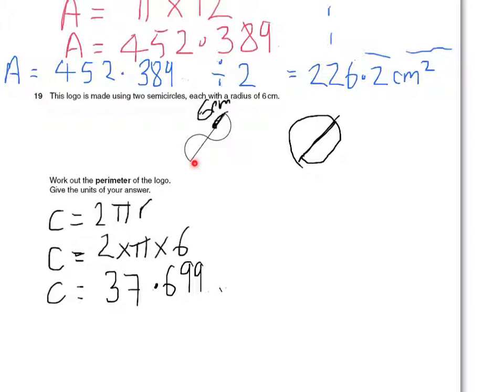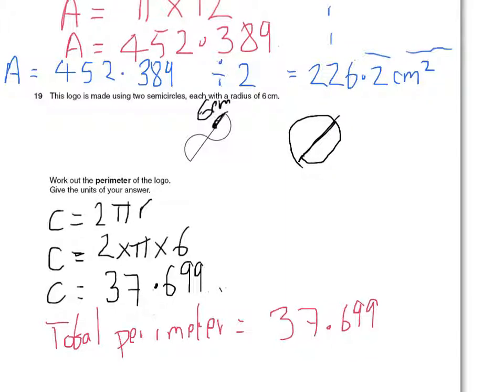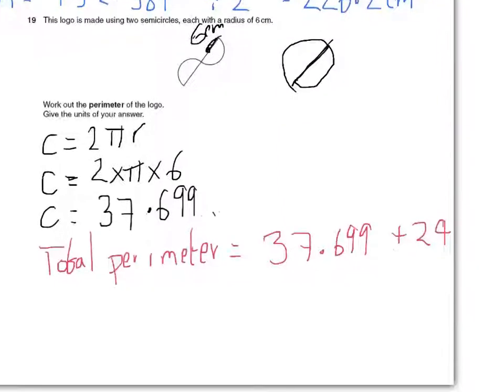So the total perimeter is equal to 37.699, etc. add on 24. On a calculator, to one decimal place, you get 61.7 centimetres, because we're looking at the perimeter, which is a distance.